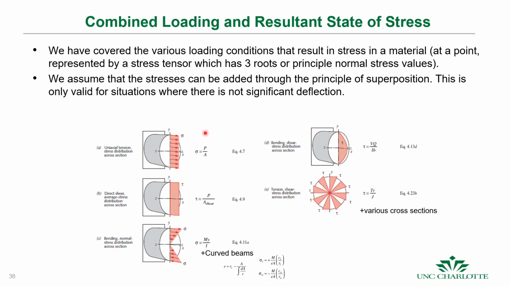So all of these cases can be happening at once in an element, and we call that combined loading. If we have a curved beam, this formula changes a little bit for the inner and outer surfaces like this, but these are the combined loading equations, and that is a summary of the stresses that we get in a material.